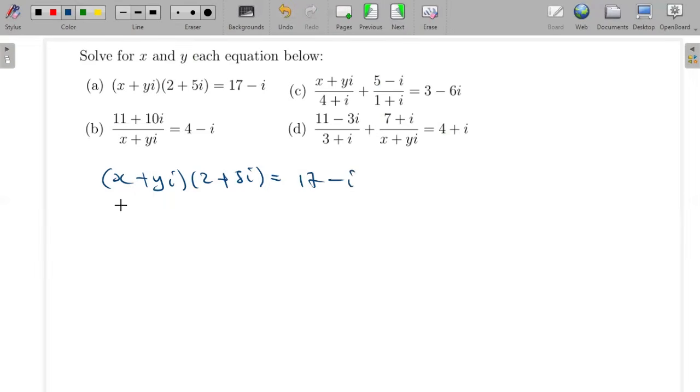So this here is going to be, I multiply first of all, this x multiplied by the 2, that's going to give me 2x.